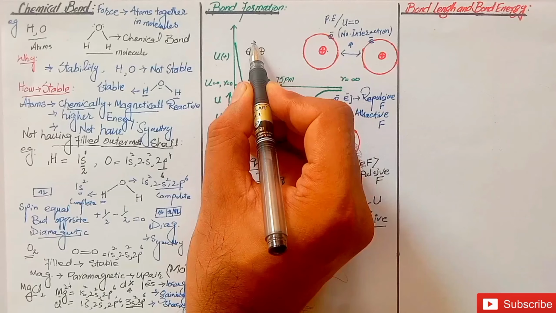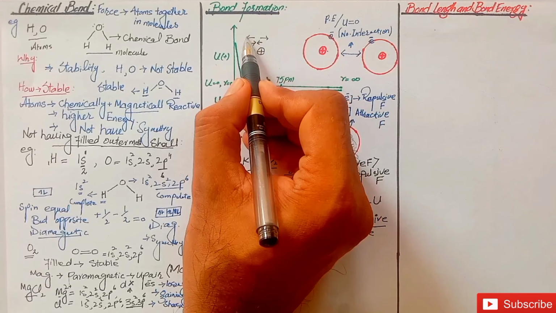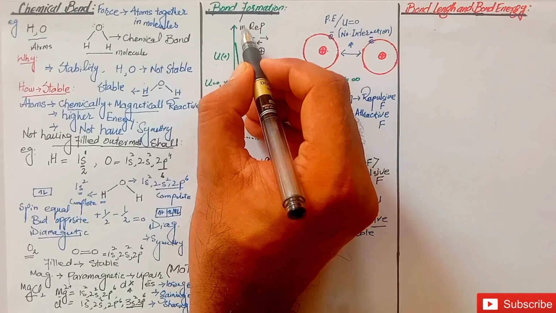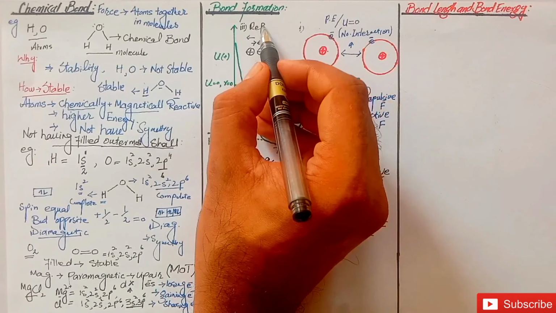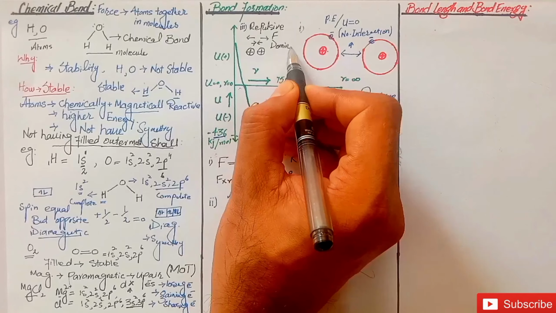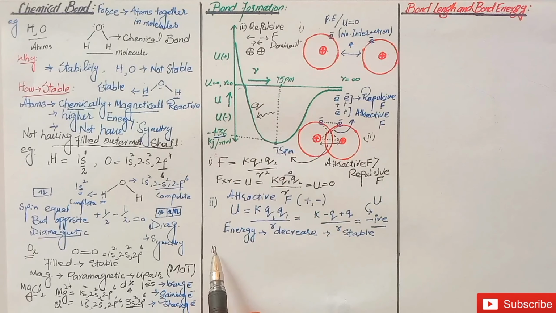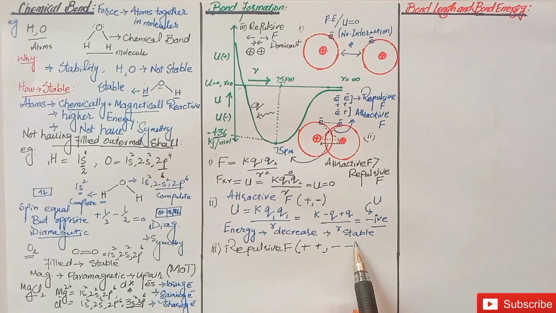And when we bring these particles further close together, like charges, which are protons or electrons, repel each other, and in this way repulsive forces dominate and the system becomes unstable and energy increases. Now we can calculate potential energy when repulsive forces are dominant, which are due to similar charges.